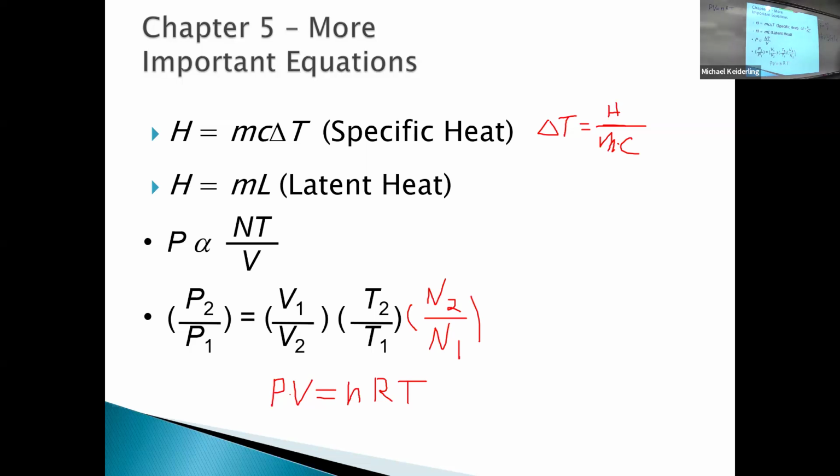But I'm not going to bother giving you any problems where you actually need to use that equation. But it might help you understand where this is coming from. R is annoying because you have to write it properly for whatever units you're using. But yeah, and that is chapter 5.